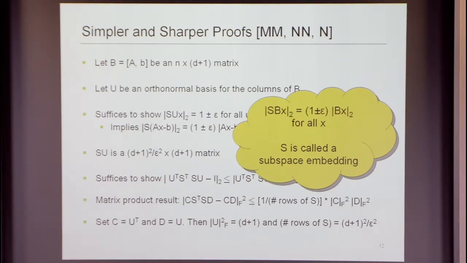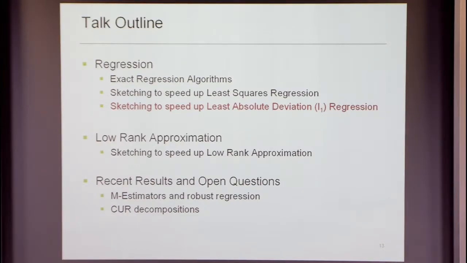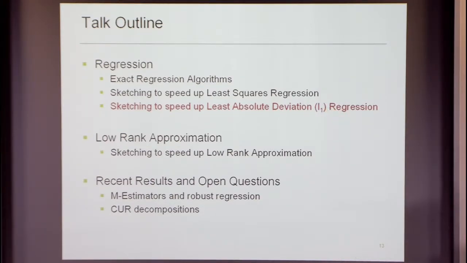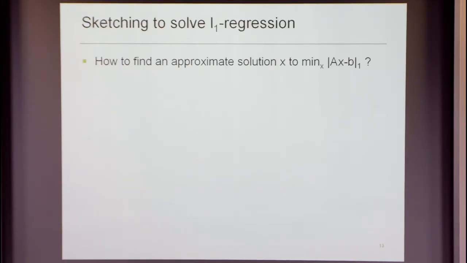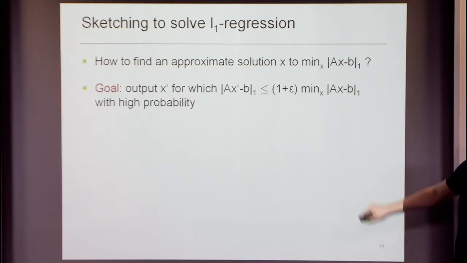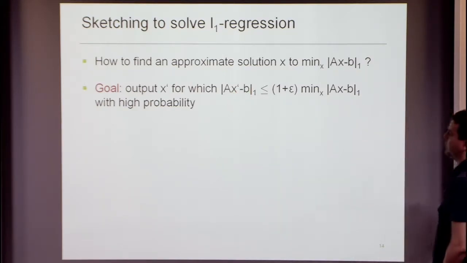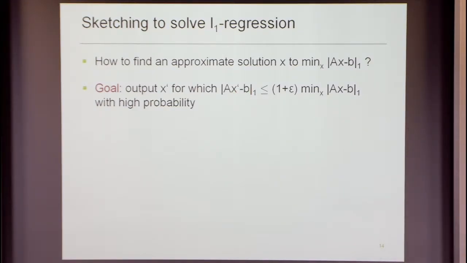Okay. Let me now move on to L1 regression, and here sketching is used in a somewhat different way than for least squares regression. For L1 regression, we again want to find an x prime for which the L1 distance between Ax prime and b is at most 1 plus epsilon times the optimal distance with high probability.